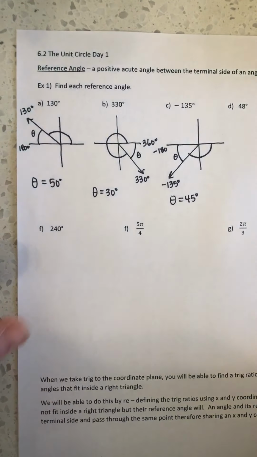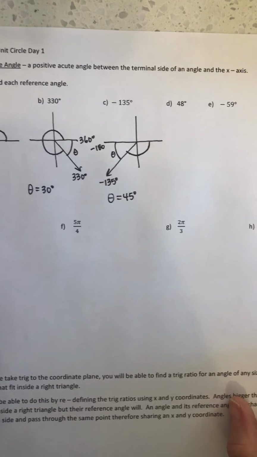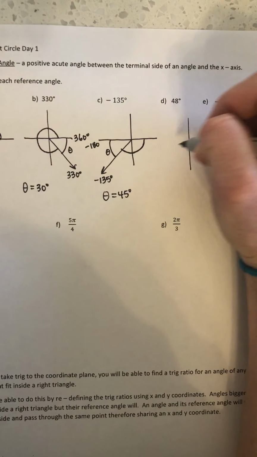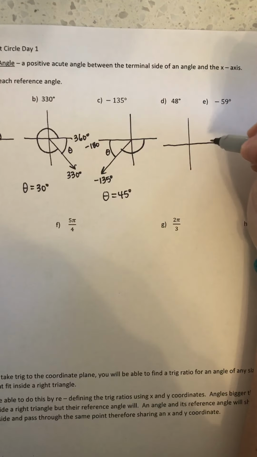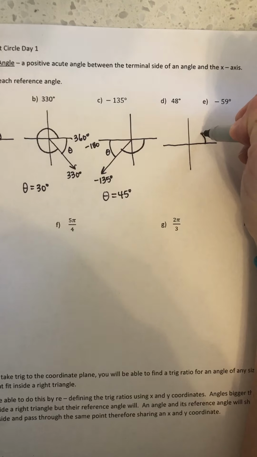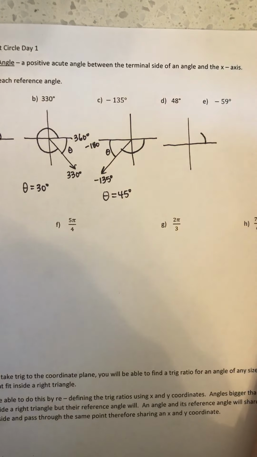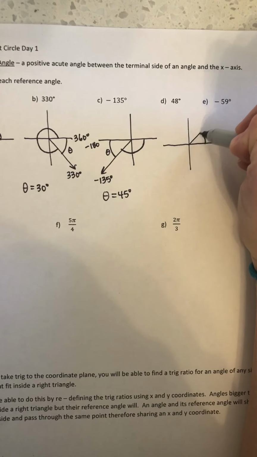All right, well, what about if they asked you what's the reference angle to positive 48 degrees? Well, guys, draw it. If you draw positive 48 degrees, I start at my x-axis right here where 0 degrees is, and I want to rotate counterclockwise for positive. So I rotate, let's say to there. I don't want to go all the way to there or past it because that's already 90 degrees. So I'm going to stop right about there.